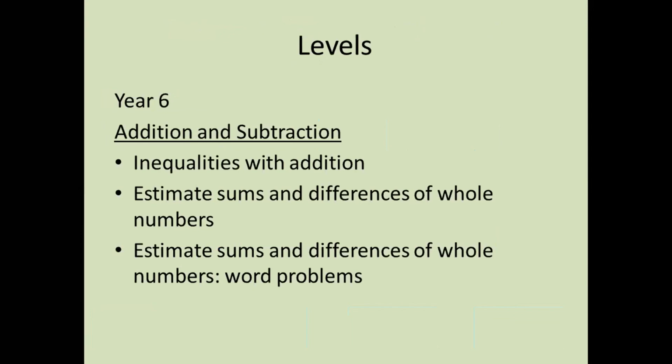Okay. Shall we practice some questions on the website now? We have a similar level on the website, inequalities with addition and estimating the sums and differences of whole numbers. Can you all log into your website?